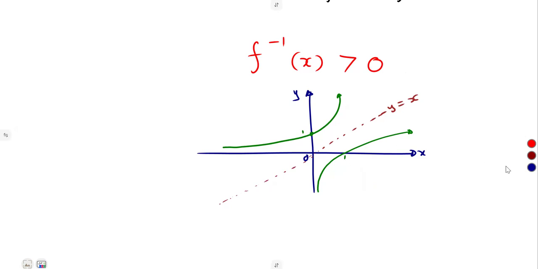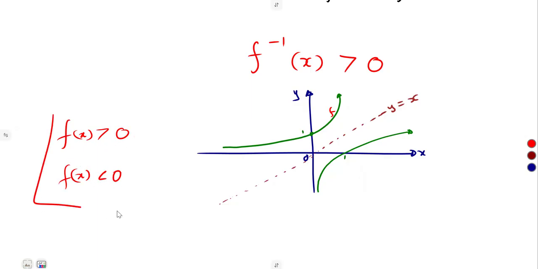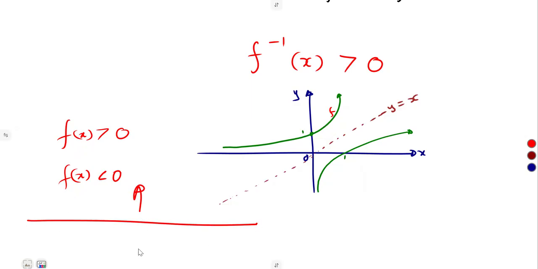So if I am given f and I'm considering that f of x is greater than 0, or f of x is less than 0, what is the consideration? Remember, we referred to this in our first class on these typical questions. What matters is the x-axis, to know whether it is above the x-axis or below the x-axis.